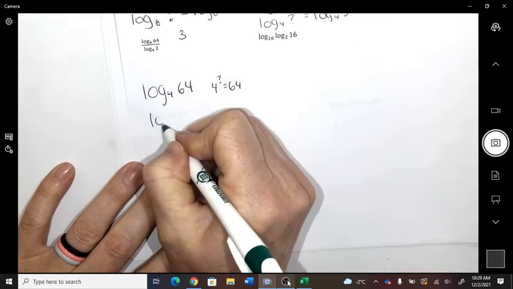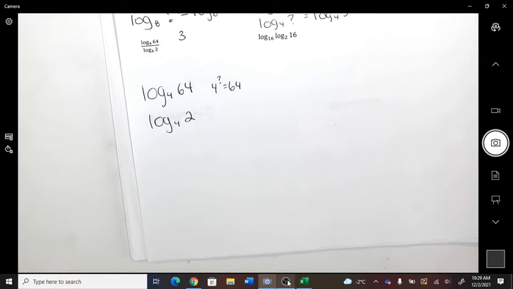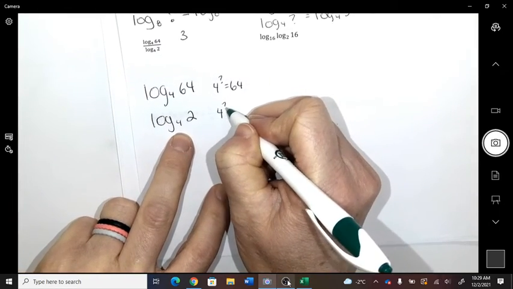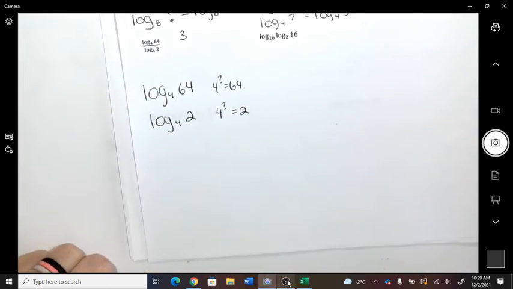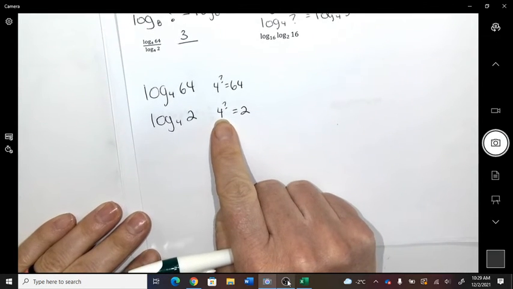Okay, on the bottom, I had this expression. So your brain is saying, what's the exponent that made this happen? So base, what's the exponent that made that happen? Anybody know this one?